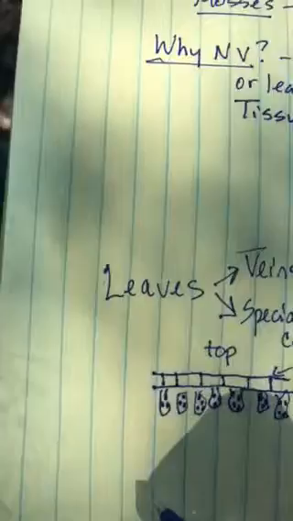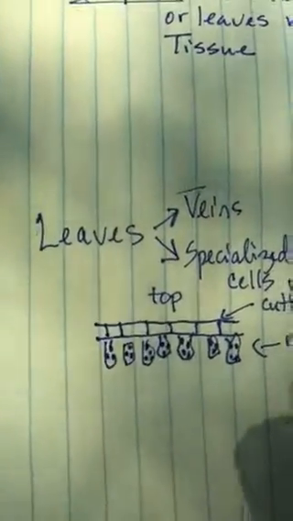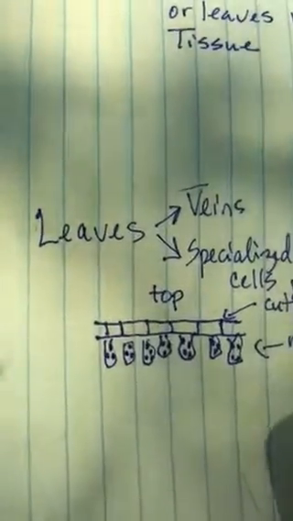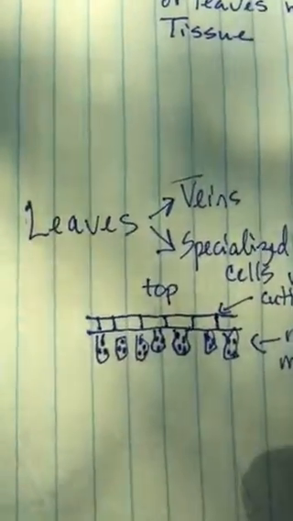So the top part of the leaf has a lot of chloroplast in their cells, and that's mainly because of the sun exposure. So this is actually called mesophyll. So meso meaning middle, and it has more chloroplast.